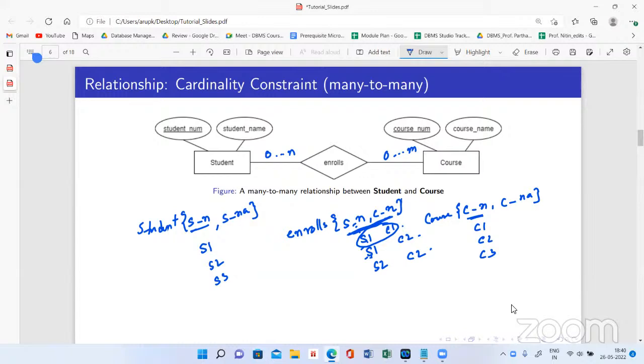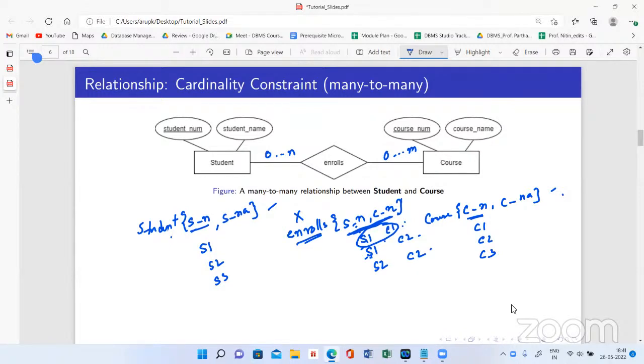Okay, fine. Now question is, can I remove this enrollment table anyway and put the information in the student table or in the course table? Can I remove the enrolls table and put the same information either in the student table or in the course table? Is it possible?